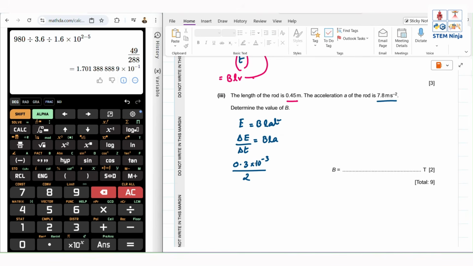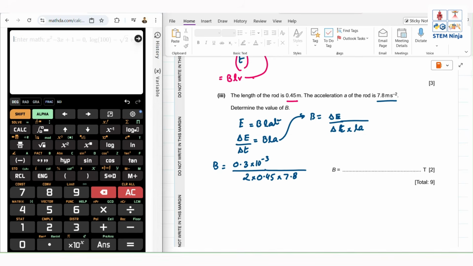B would be delta E over delta T divided by LA. L is 0.45, acceleration is 7.8.